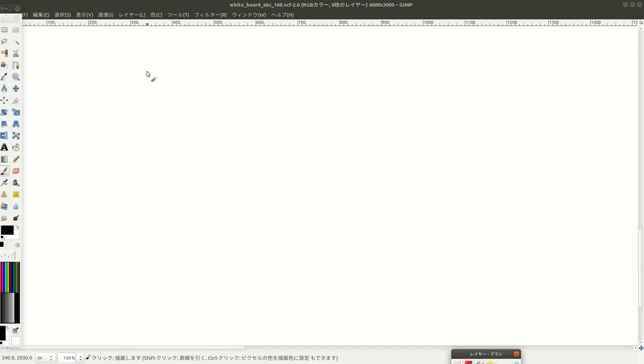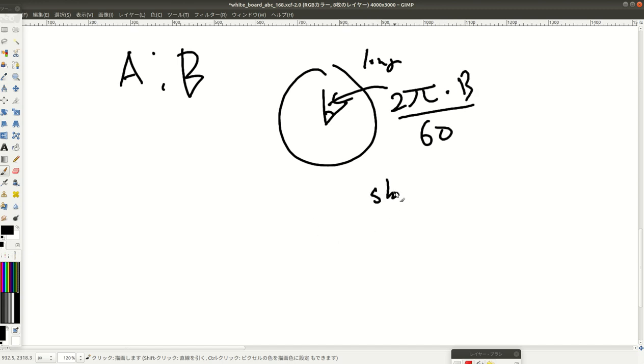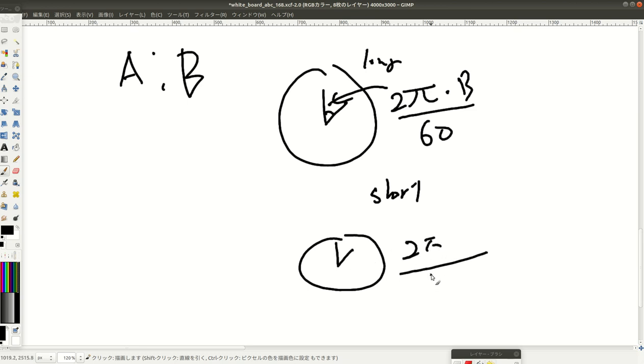Okay, so it's H o'clock and M minutes, where the hour hand is A and the minute hand is B. In this case, the angle of the long one will be 2 pi divided by 60 times M. Okay, and the short one will have 2 pi divided by 12, 24, which is it?